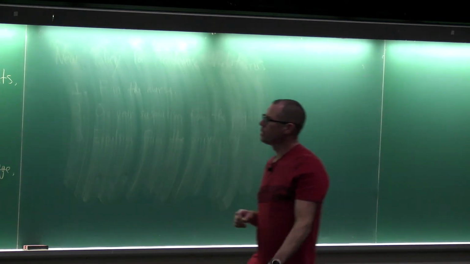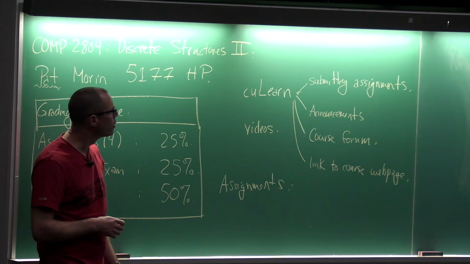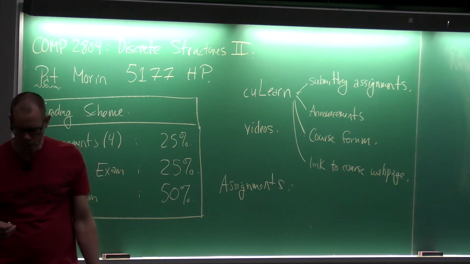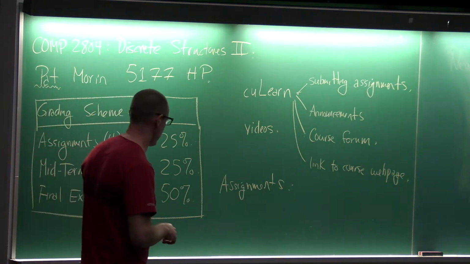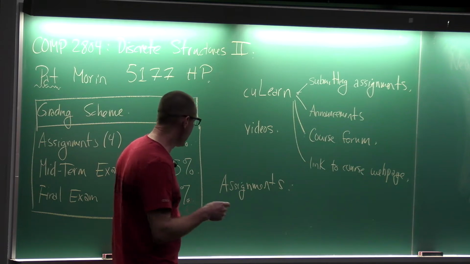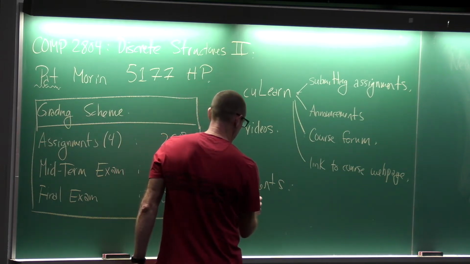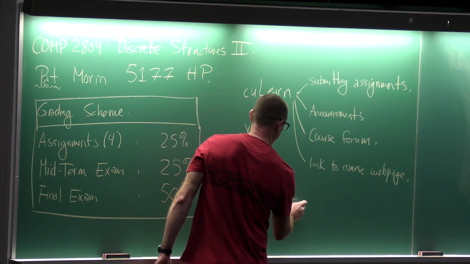And a couple of little things about these assignments. So this is really a course about mathematics for computer science. So assignments are done by writing up solutions to the questions that are asked on the assignment and submitting them. And the way you submit is an assignment that consists of one PDF file.